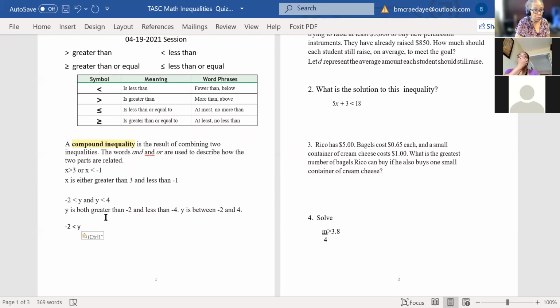So if minus 2 is less than y, y is greater than minus 2. Because if we reverse this, we put the y on this side and the minus 2 on the other side. This is equal to y, and this would be a greater than symbol. Negative 2.